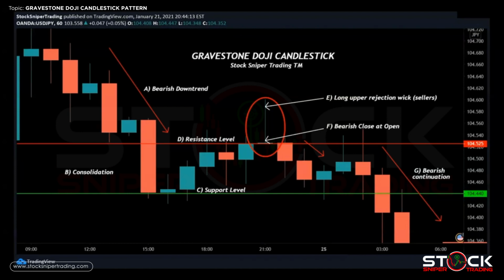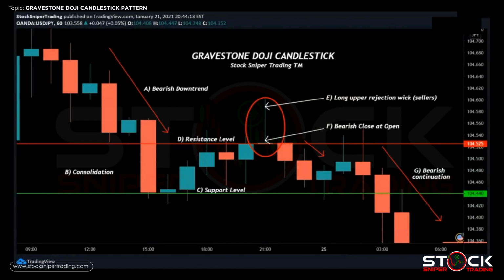And in G, we finally get our bearish continuation, where the sellers do take control and we break previous support levels, particularly C, and we do now have new lower lows and lower highs, where we continue our bearish momentum and sellers are in full control. And this was all identified by the Gravestone Doji Candlestick.